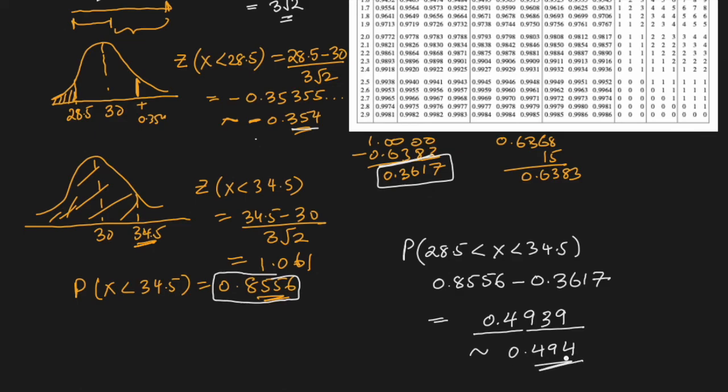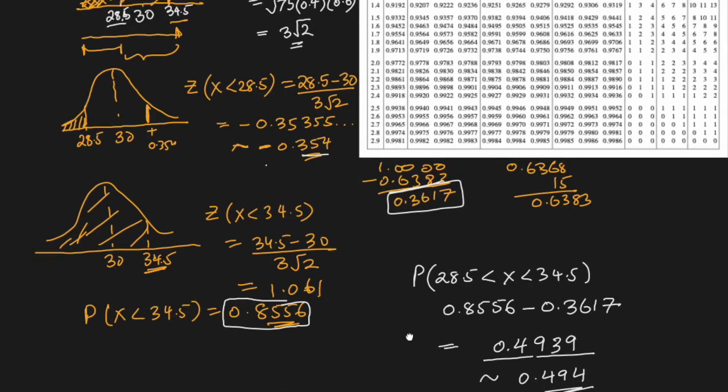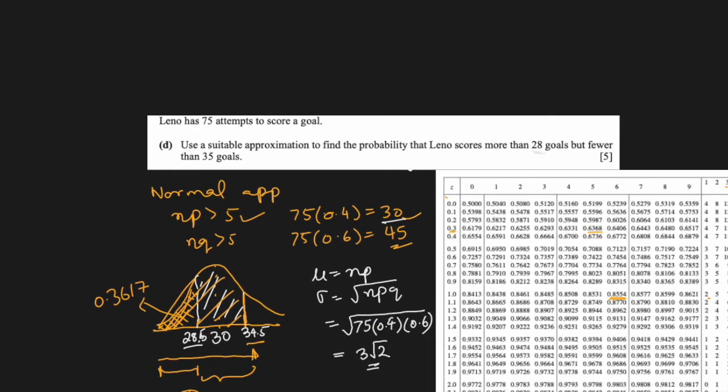This is the probability of whatever they were asking. They were asking that Lino scores more than 28 goals, but fewer than 35 goals.